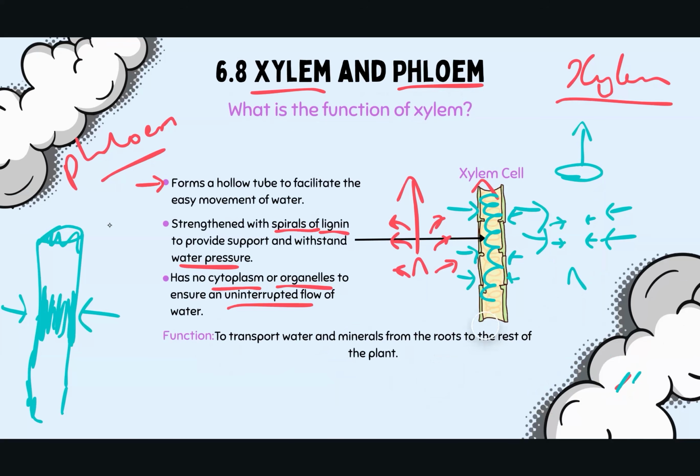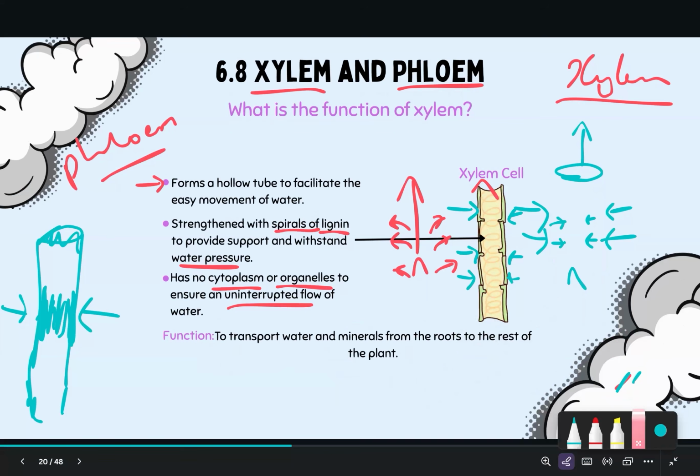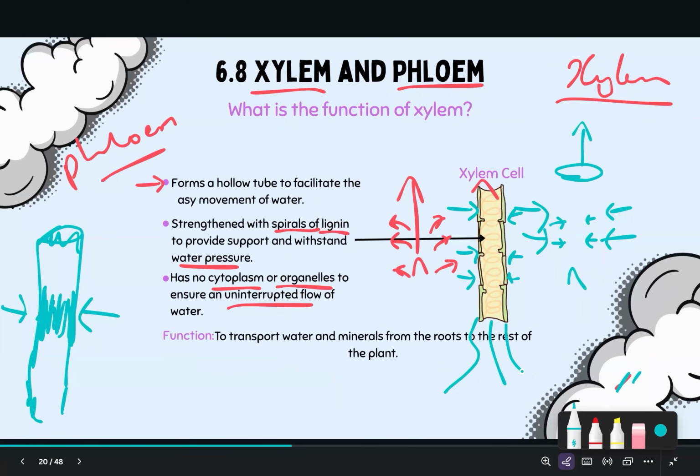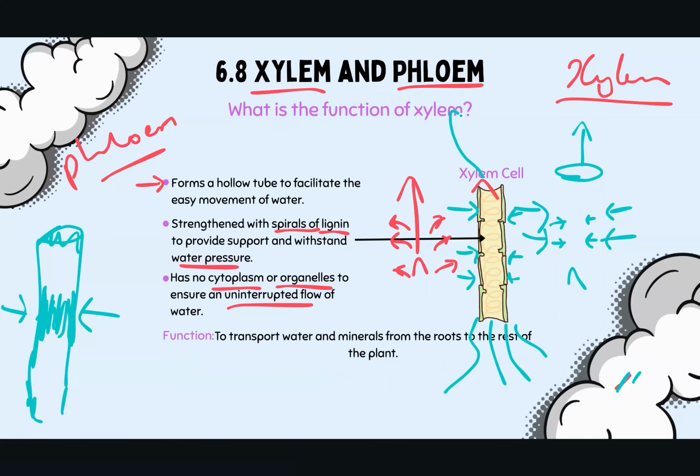In other words, from the roots down here to the leaves at the top. So that's transpiration. Transpiration happens through the xylem and water only goes upwards.